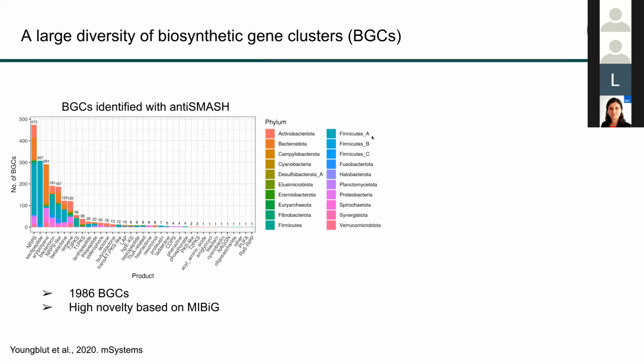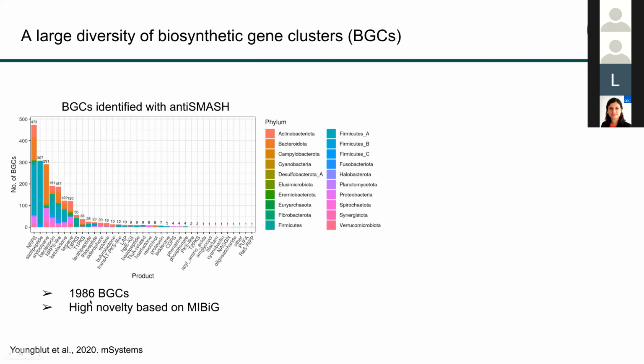We also looked at just general diversity in terms of genomic diversity. A particular trait that we wanted to assess was biosynthetic gene clusters. We're interested in this because, as I mentioned before, not a whole lot of work has been done in terms of microbial genomic diversity in many of these animals. And so we identified biosynthetic gene clusters with antiSMASH, and this shows the breakdown of them.